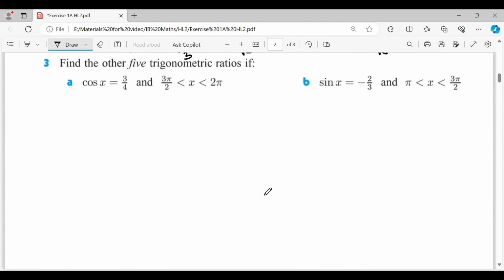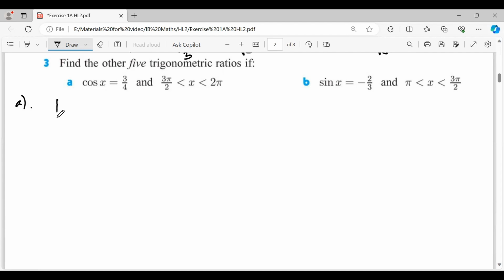Number 3. Find the other 5 trigonometric ratios if cosine x equals 3/4 and x is in the interval from 3/2 pi to 2 pi. Okay.